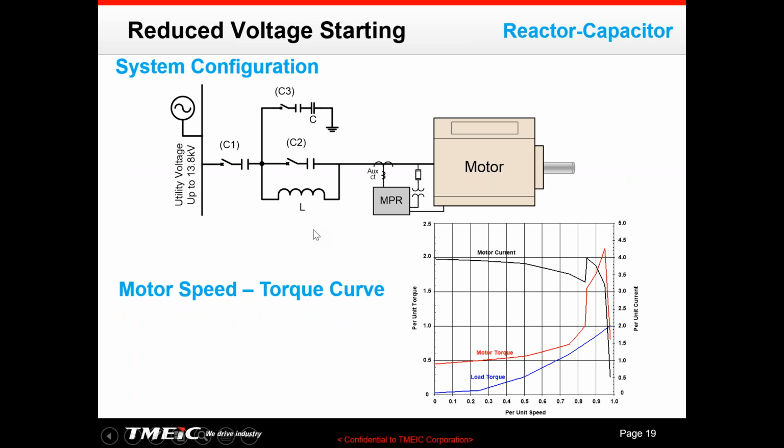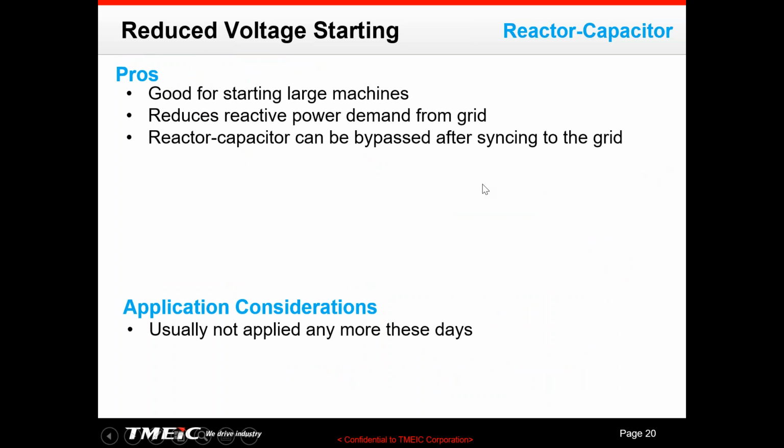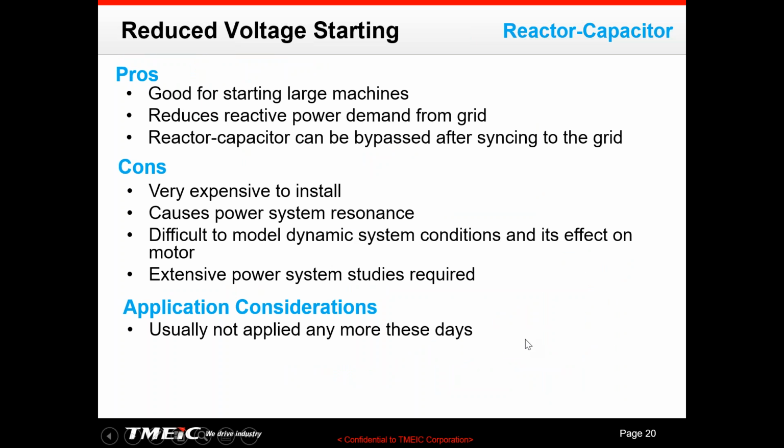Another one is the reactor capacitor starting method. The same, you use a reactor capacitor to start the motor all the way up to the rated speed, then you bypass. And then the same torque curve here, where we switch the motor to the utility line. The pros and cons, expensive, the same thing.